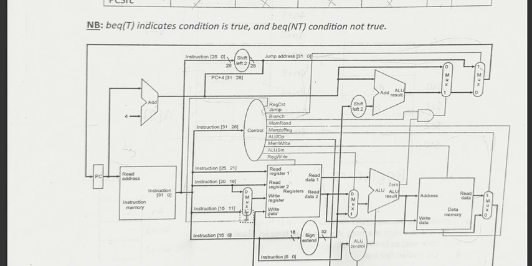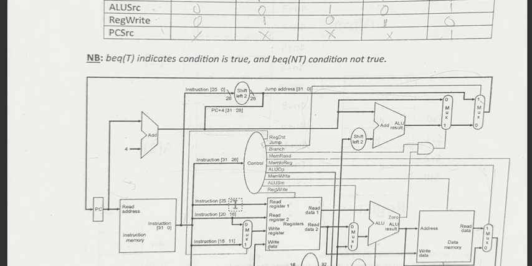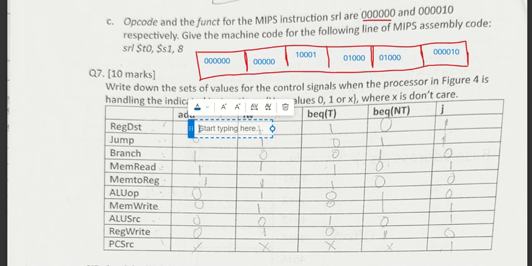Now you realize that this signal is trying to select either 15 to 11 or 20 to 16, right? And you realize that in R-format instructions, our destination address is what? 15 to 11. In I-type instructions, the destination address was usually 20 to 16, right? So here RegDst has to be 1 for this to work. So here it has to be 1.